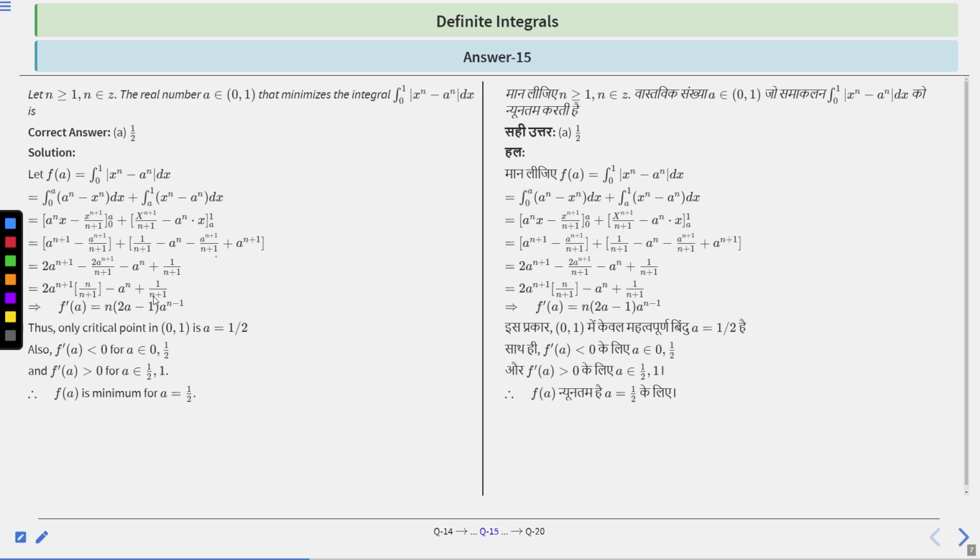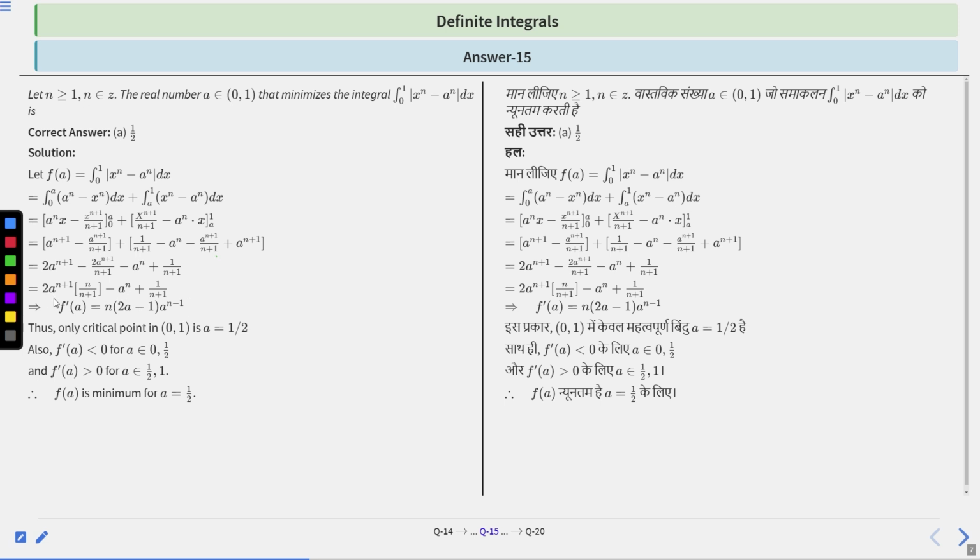Therefore, f'(a) will be, see, this is constant for f'(a). This will be constant. Clear? And this is a variable to the power of a constant. Therefore, it will be n times a^(n−1).